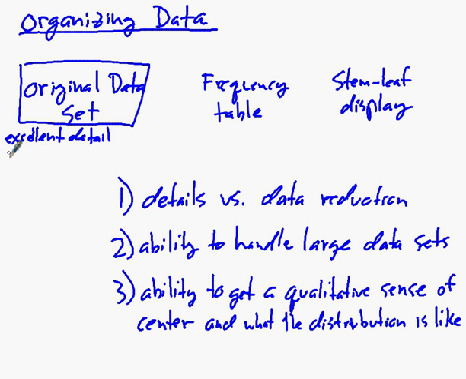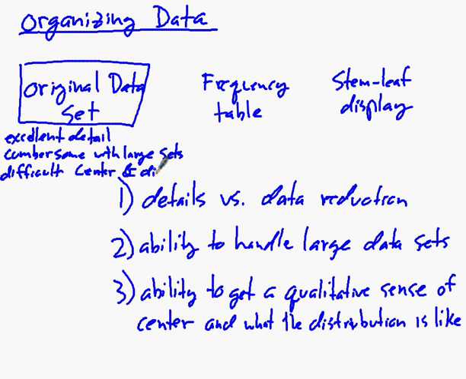Right, the ability to handle large data sets is cumbersome, because if you have 10,000 data points, you got a pretty big set to deal with, and it's also difficult to get a good sense of center and distribution, because you just have so much data sometimes it's hard to know how it all averages out.